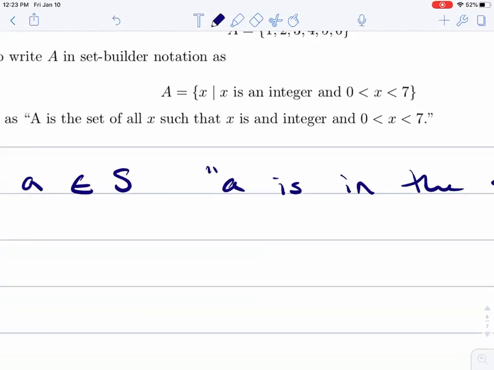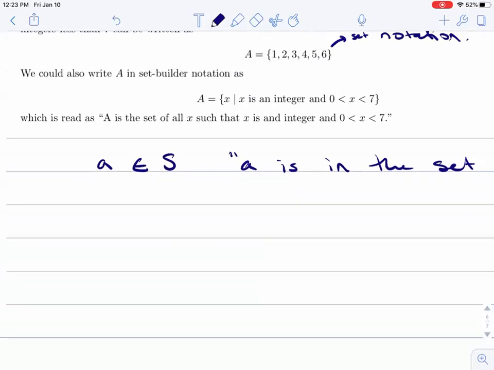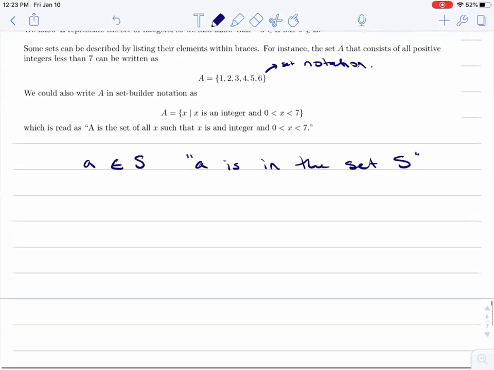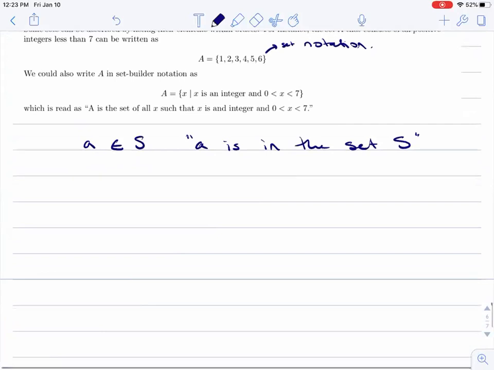So I've got that written out here, which is read as A is the set of all X such that X is an integer and X is between 0 and 7, not inclusive, or exclusive. Any questions about that? No.